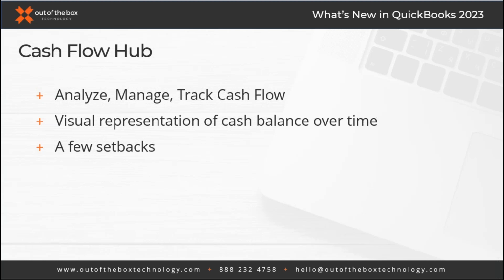And the trends section of the cash flow hub displays your historical variations graphically. So that helps you in future planning by allowing you to see forthcoming transactions that are going to impact your cash flow. And what this really does well is gives you that visual representation of cash balance over time for a selected group of accounts, and the expected cash flow based on invoices due and bills due.